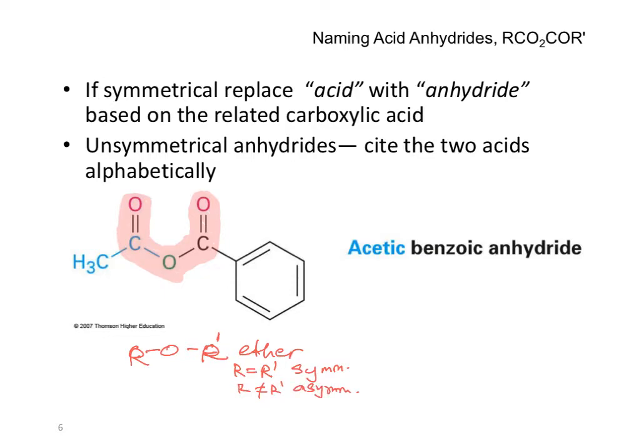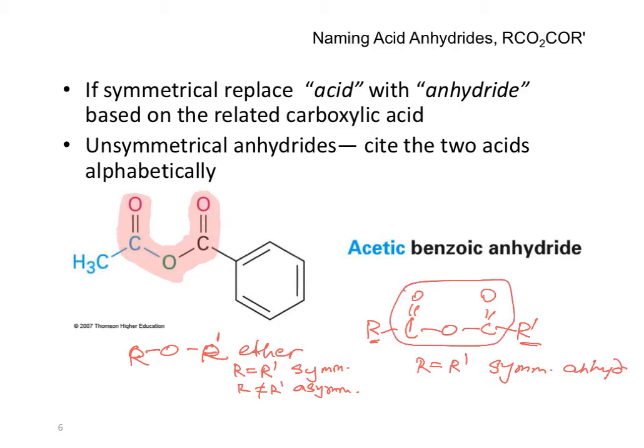Just like that, your anhydrides could also be symmetric or asymmetric, and it's the same idea. If the R and R prime are exactly the same, we will call them a symmetric anhydride this time, because this is an anhydride group. And if they were not the same, we will call it an asymmetric anhydride. Sound good?